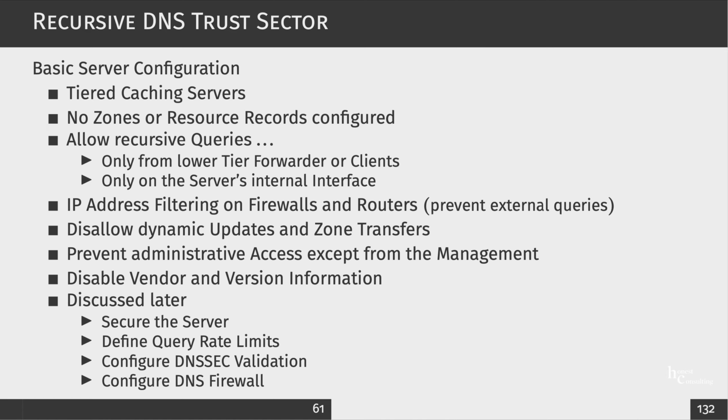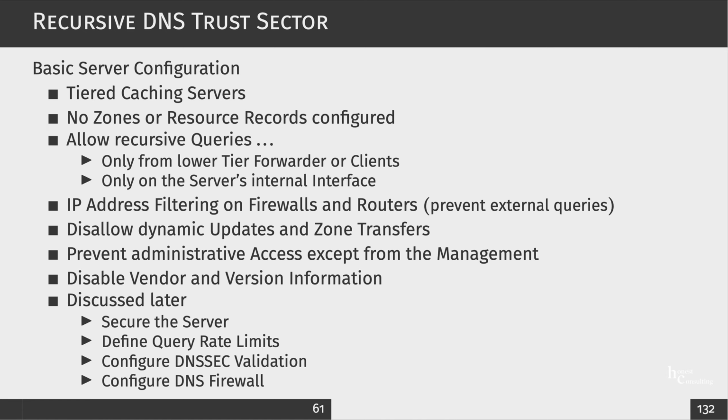As I mentioned just a minute ago, it could make sense that you have a caching infrastructure for your clients, another caching infrastructure for your data center, and a third caching infrastructure for your internet resolution, and that only the DNS servers in these dedicated systems are allowed to communicate with each other, so your clients are not talking to a DNS server that is connected with the internet directly. So there are different levels in front of it.